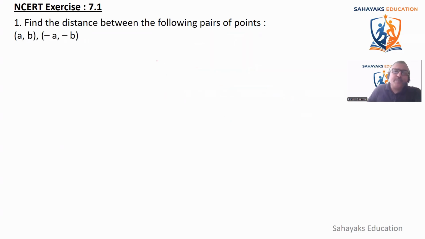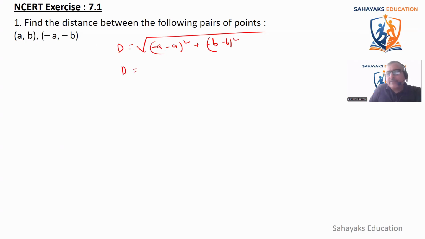Find the distance between the following pair of points, A, B. So again, we'll use the same formula. We'll write minus A, minus A whole square plus minus B, minus B whole square. So this comes out to be distance.